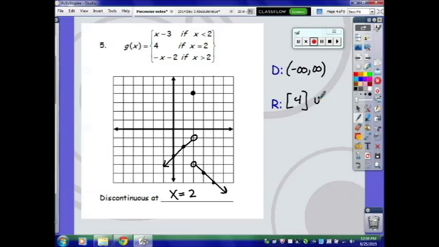From here down, it's continuous, okay? So we pick up at a y value of negative 1. It's open at negative 1, and it's going down to negative infinity. So I got my order backwards. Let's change that. It's going to go from negative infinity to negative 1 is the rest of our range. And it's open at negative 1.